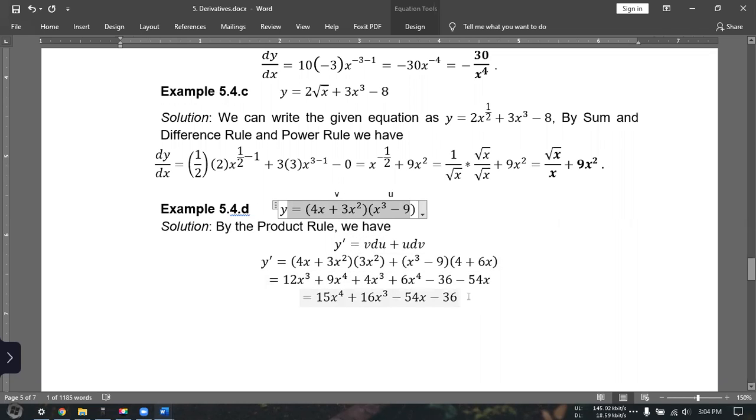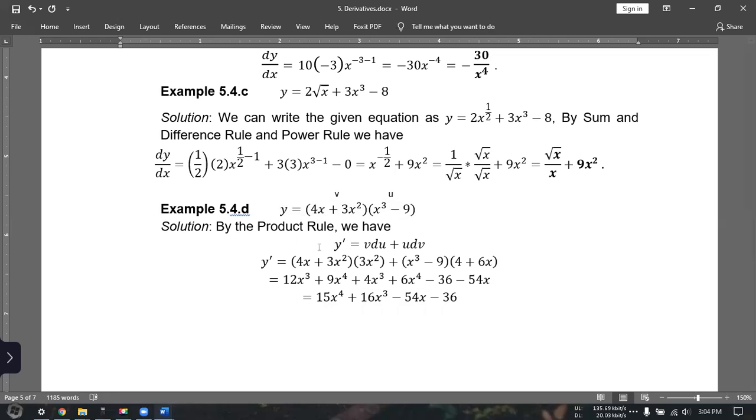But what if this is not a binomial? Kasi trinomial times trinomial, magkakaroon tayo ng complication, or any other polynomials. So I suggest that you follow the product rule instead of expanding, or instead of getting the product of your function.